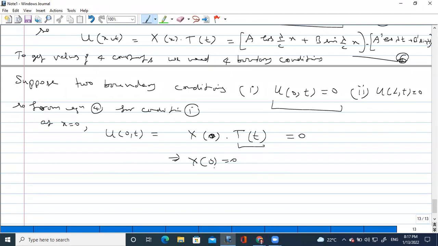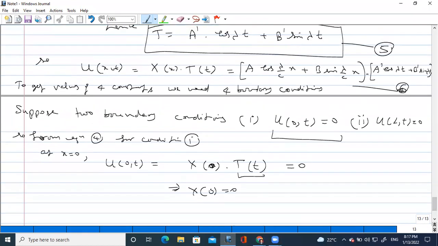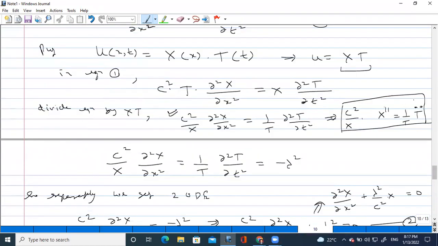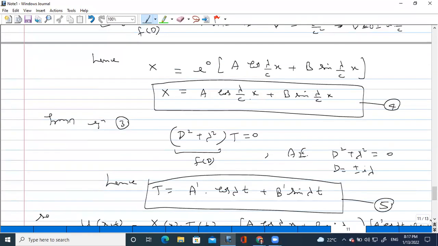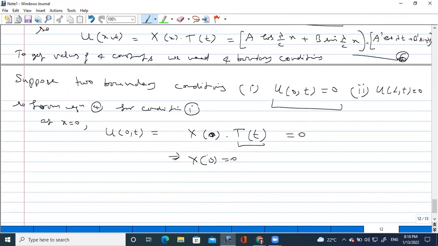Okay, so now this is your equation number 4. In equation number 4, you put x equal to 0. Here you put x equal to 0, so A will be equal to X(0), or A is equal to 0.